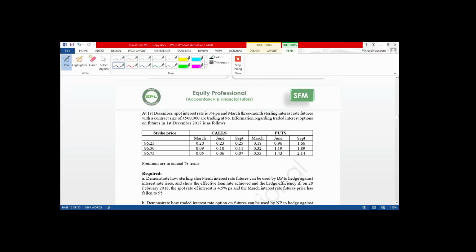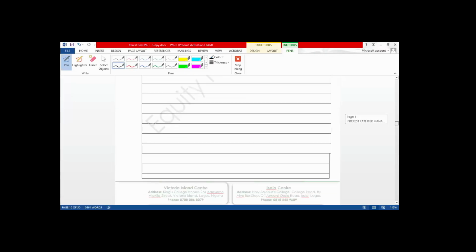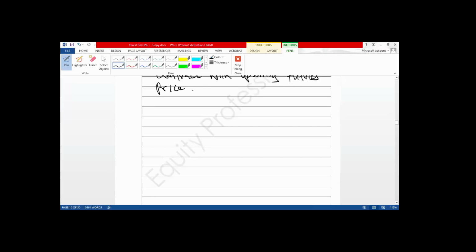Look at it: March, 3-month sterling interest rate futures with a contract size of 500,000 are trading at 96. That 96 is in index form. Just pick it.